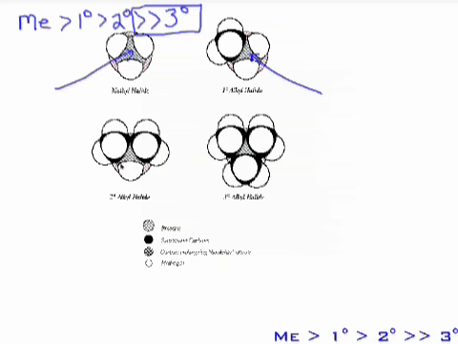We have to attack that carbon. Now the one thing you notice as we go from methyl to primary to secondary is that this gray carbon is becoming more and more obscured. The nucleophile has to get past the junk in the trunk, so to speak.